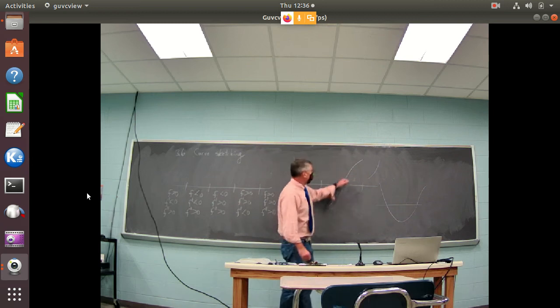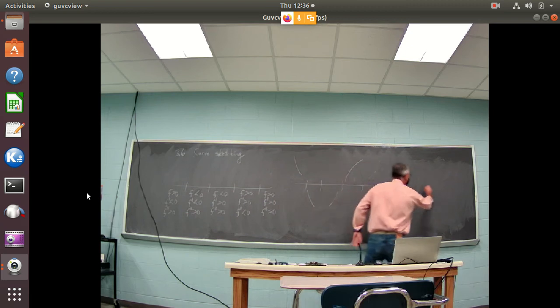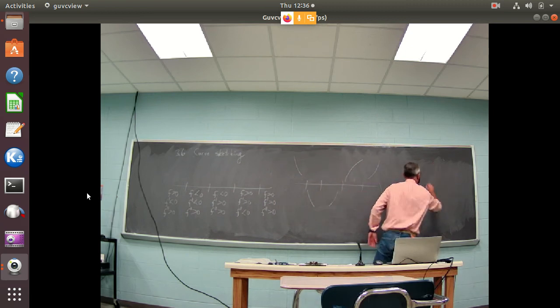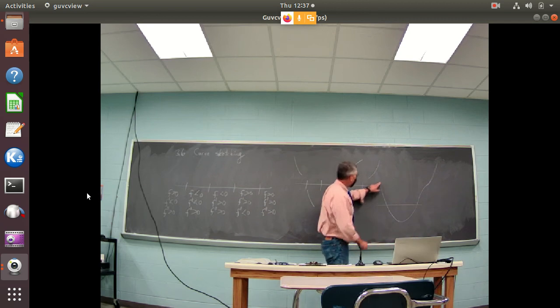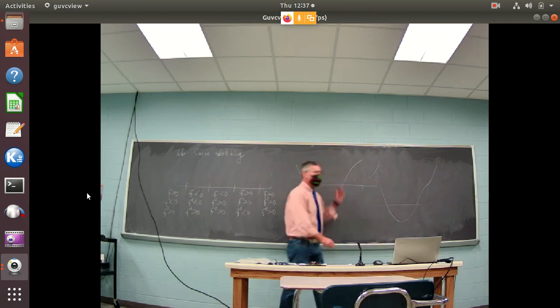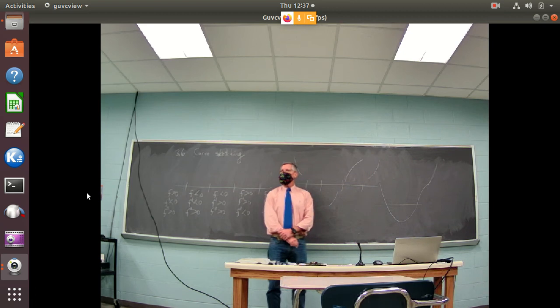And then maybe another inflection point there and goes up like that. So there is kind of what I might be able to piece together for this function.